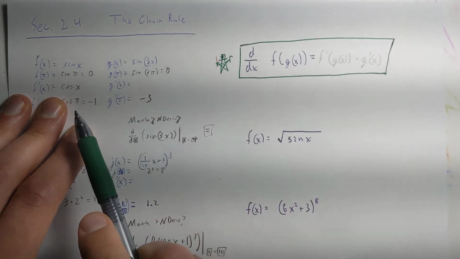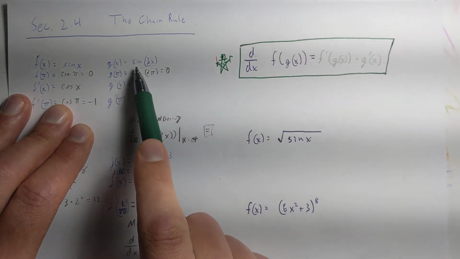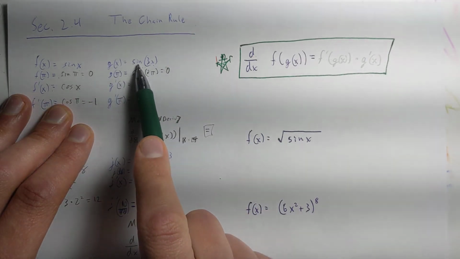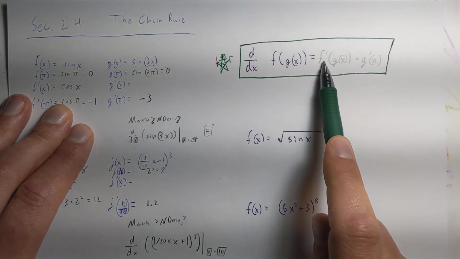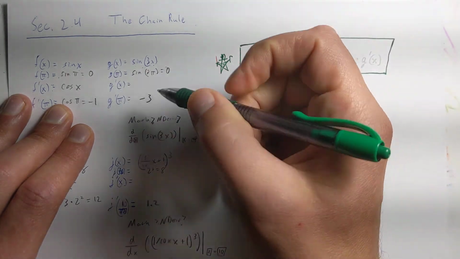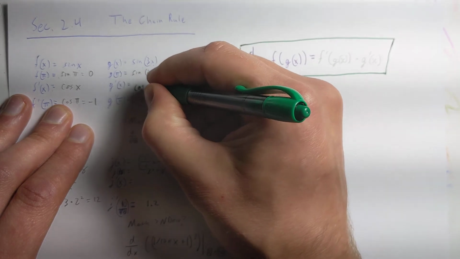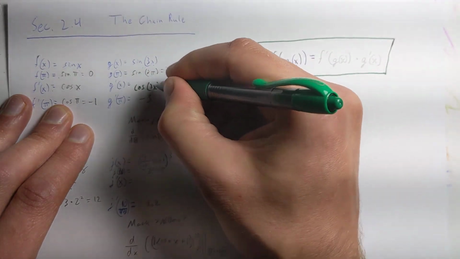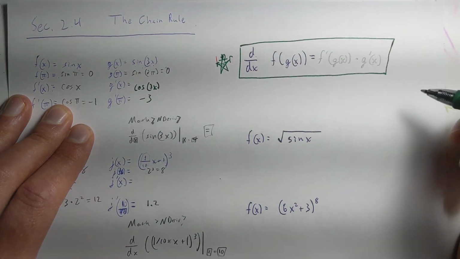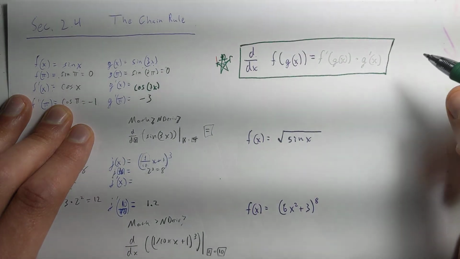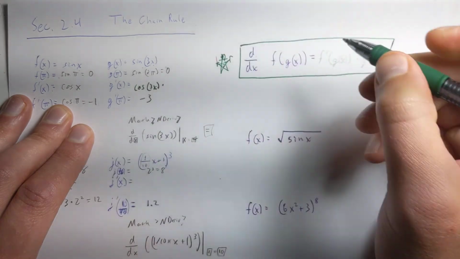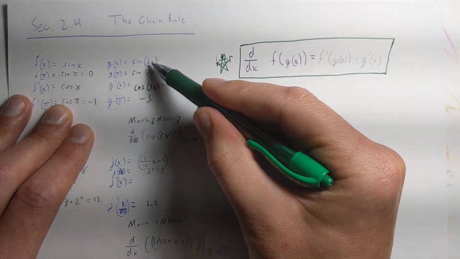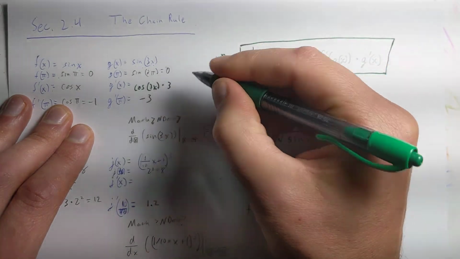So how did we get this? Well, the derivative of sine of x, if I'm just taking the derivative of the outside function, is cosine of x. We're going to leave the inside alone, 3x. Now we're going to multiply it by the derivative of 3x, which is just 3.